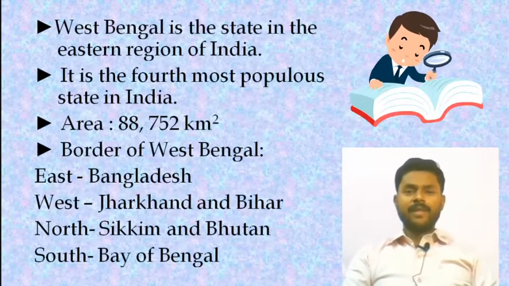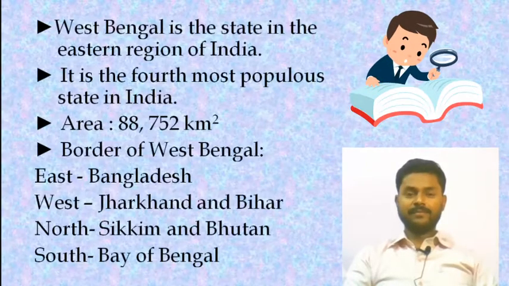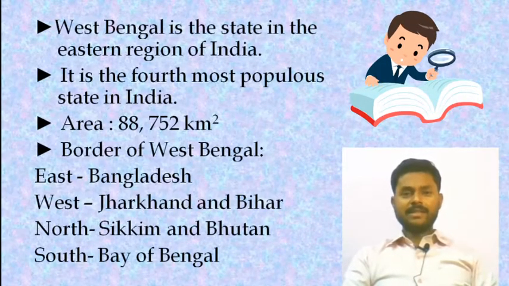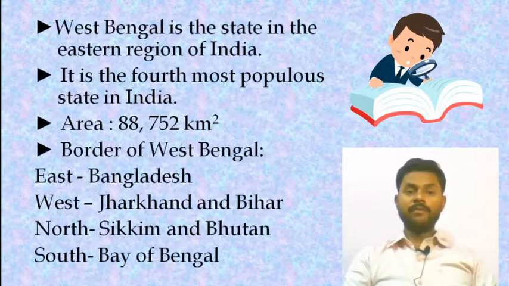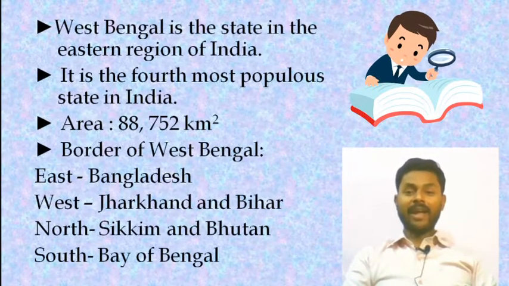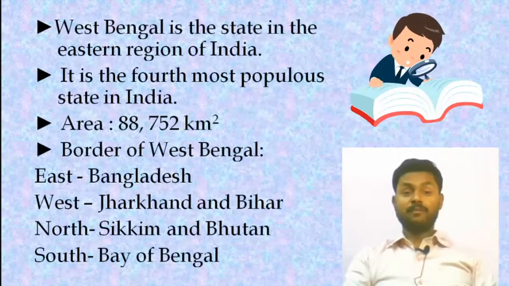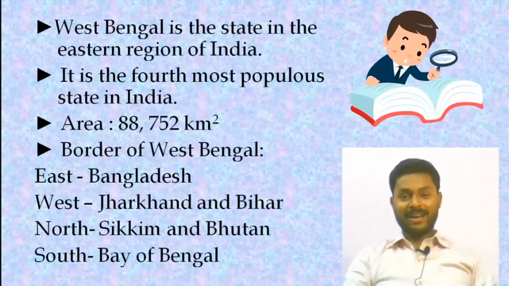West Bengal is a state in the eastern region of India. It is the fourth most populous state in India. It means the rank of West Bengal is fourth in the most populous states in India.